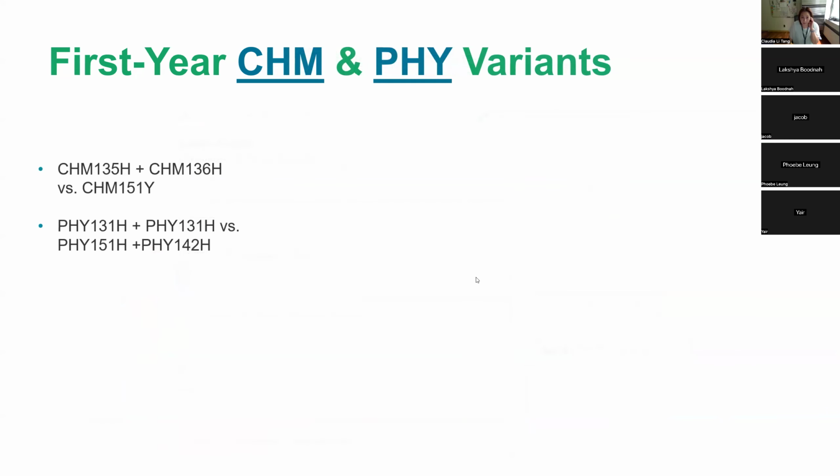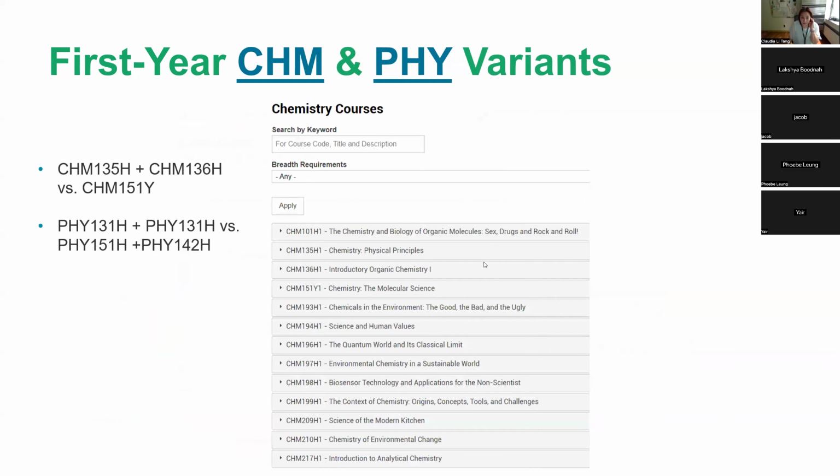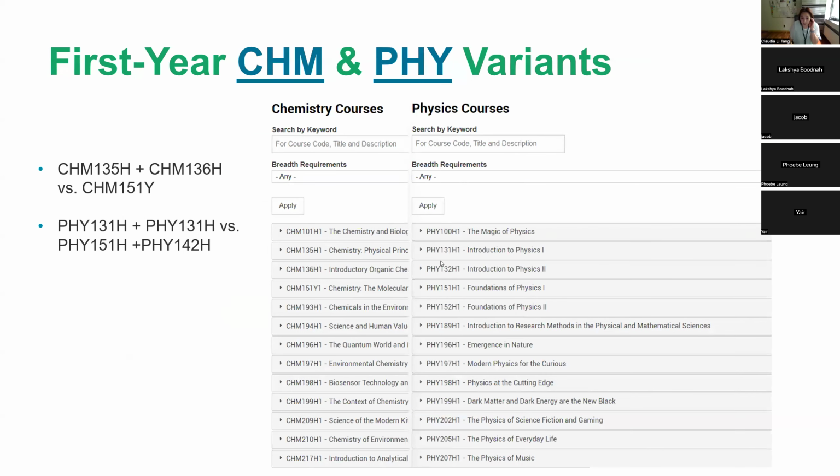Okay, so for chemistry and physics, if you're planning to do the specialist, generally chemistry 155 would be highly recommended, but the 135 and 136 would be pretty much the standard. This one is pretty straightforward.